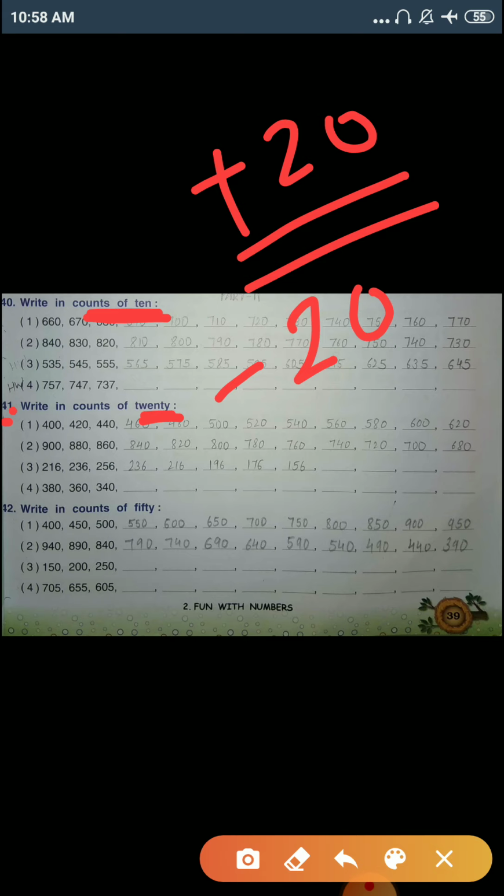So, for that we need to first concentrate on the pattern given in the question. On the basis of the pattern, we decide whether we are adding 20 to the number or subtracting 20 from the number. So let's start.